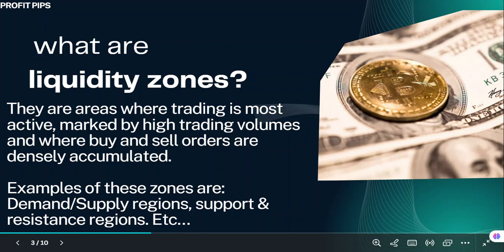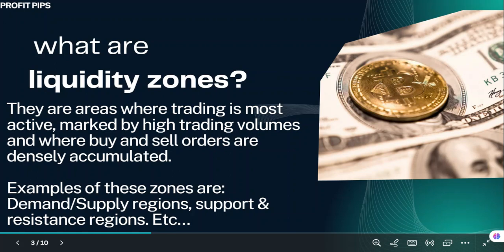In that pair, you get to notice that there are regions where a large number of trades are being accumulated, regions where you could anticipate the market to buy or sell. In those regions, orders are being accumulated, so liquidity zones can be found in those regions.